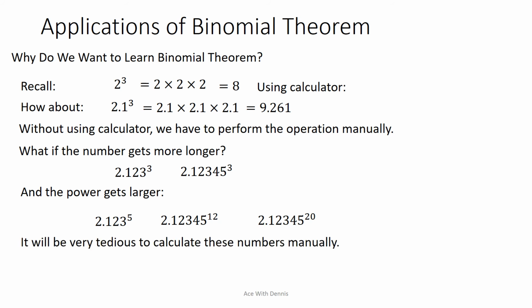It will be very tedious to calculate these manually. I'm not saying it is not possible, but there is a very high chance that we will make mistakes and get the wrong answer.